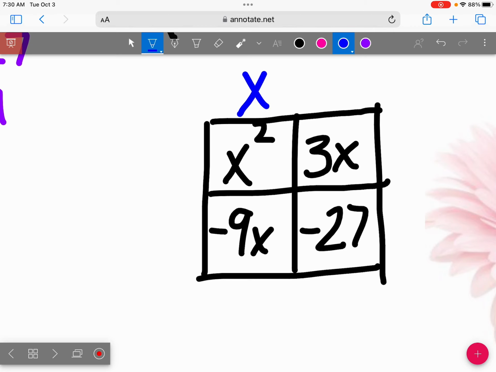What is shared between 3x and negative 27? 3. What is shared between x squared and 3x? And what is shared between negative 9x and negative 27? More than just the 9. What else do they have? The negative sign.